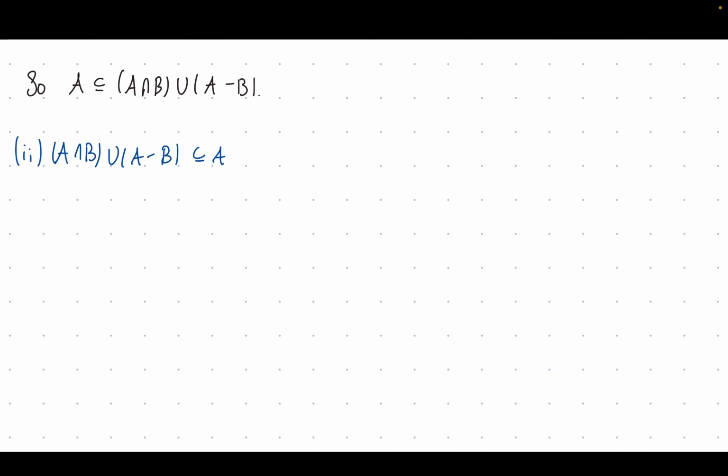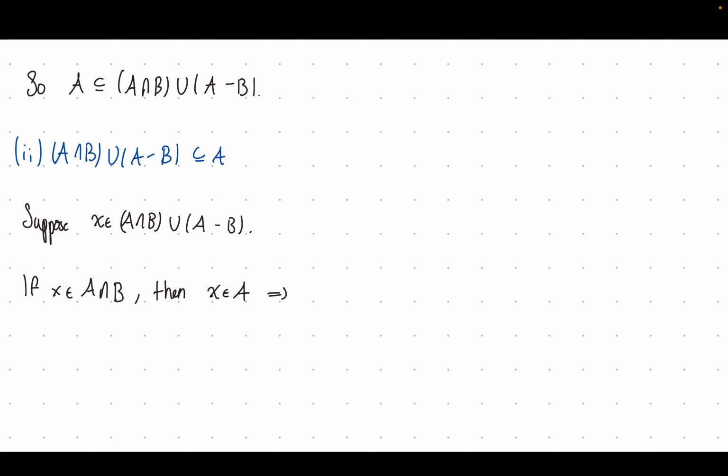And it's pretty much the same proof, but actually it's even easier. So suppose X is in A intersect B union A minus B. So if X is in A intersect B, then X is in A, and then that's pretty much all we wanted.